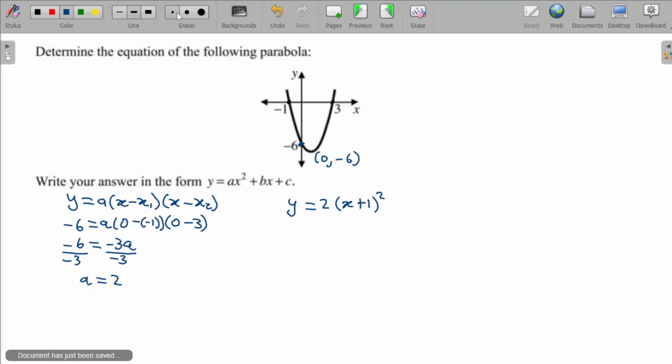Then into (x − 3), since this one is positive, it's going to be negative inside here.